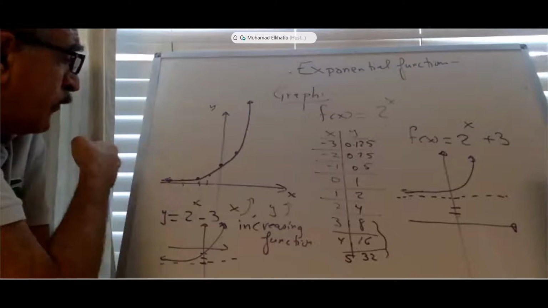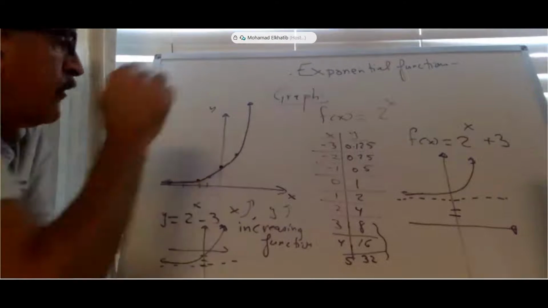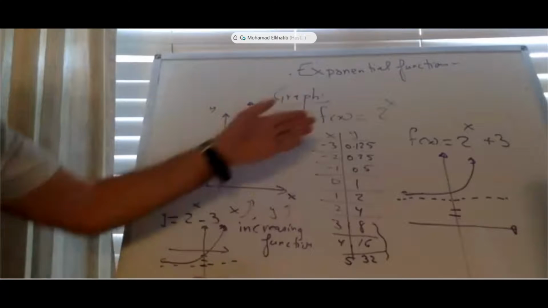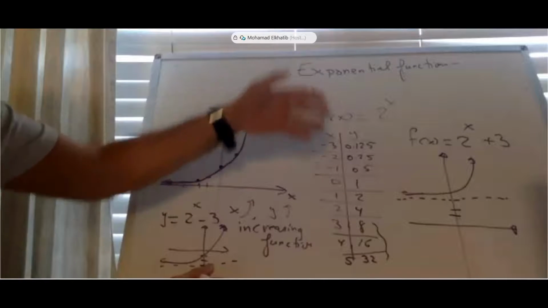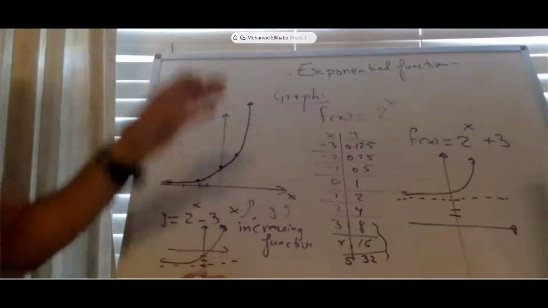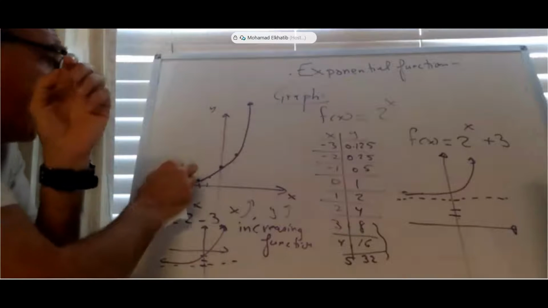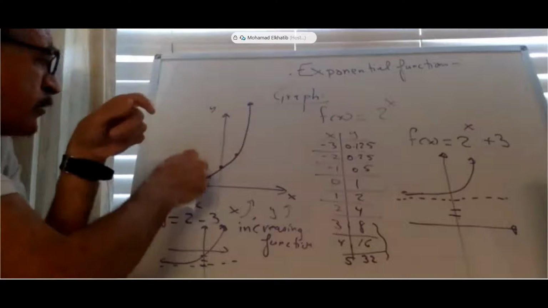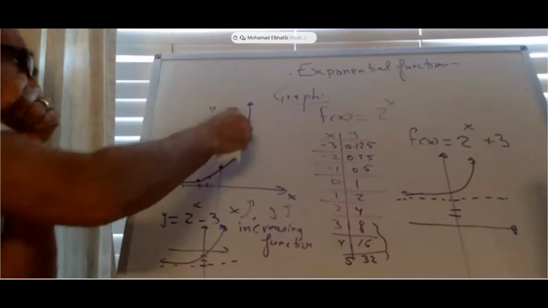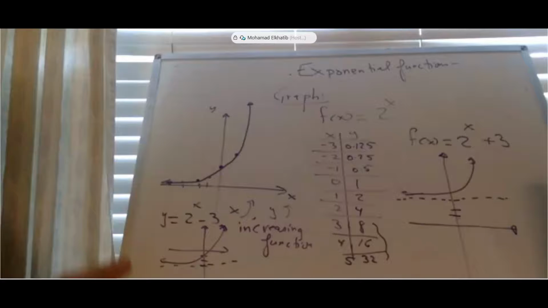The arrow means it keeps going forever. That's what the arrow means. To graph this function, I would actually have to pick millions of points, like x equals -100, -99, negative whatever. But I picked only a few, and I connect them. I see there's a pattern. So I know most likely it's going to keep going all the way to the left. It's most likely going to keep going to the right. That's why we do it.